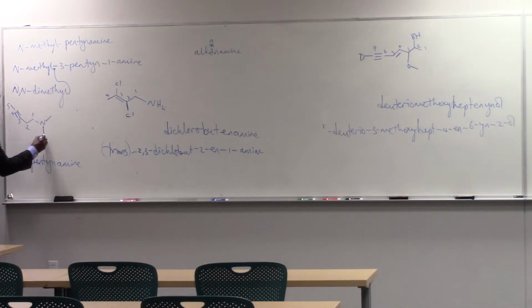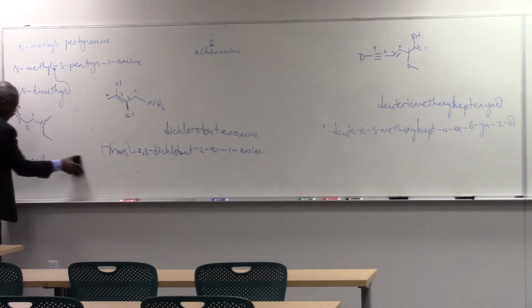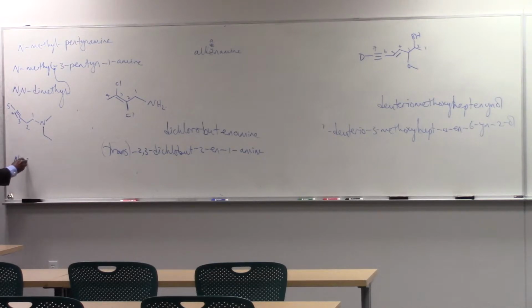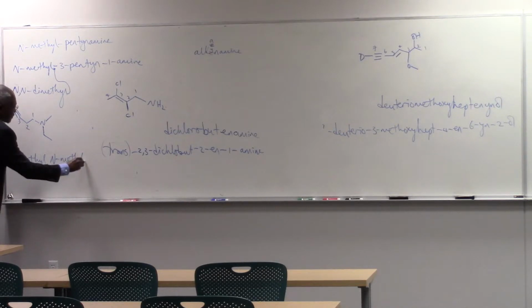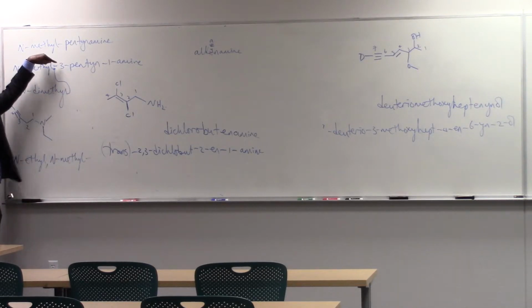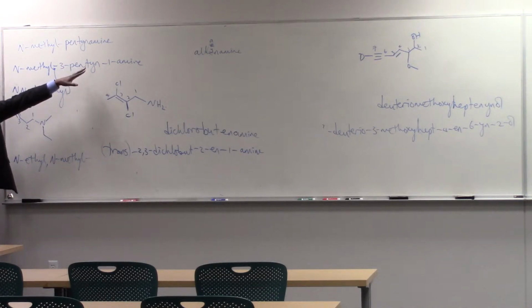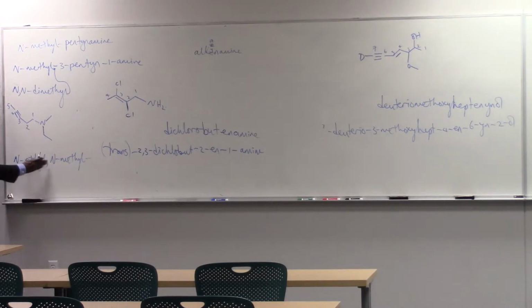If I have a methyl and an ethyl, since E precedes M in the alphabet, I'd call that N-ethyl, N-methyl, and I feed into 3-pentin 1-amine, right? And no, this would be a hyphen because the methyl and the ethyl are different groups. So N-ethyl, N-methyl, 3-pentin 1-amine.